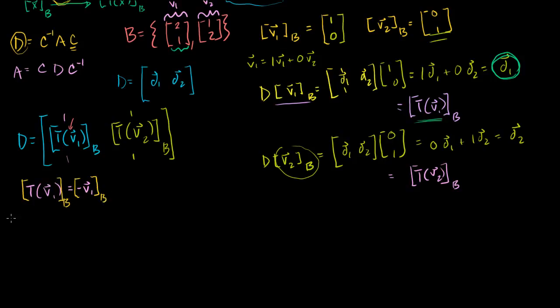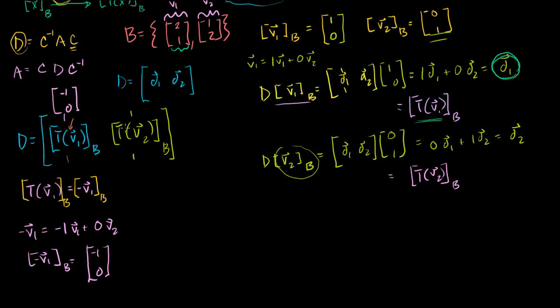Well, minus v1 is just equal to minus 1 times v1 plus 0 times v2. Remember, these are just the weights on your basis vectors. So this thing right here is pretty straightforward. This is just going to be equal to minus 1 and 0, the first column of D.